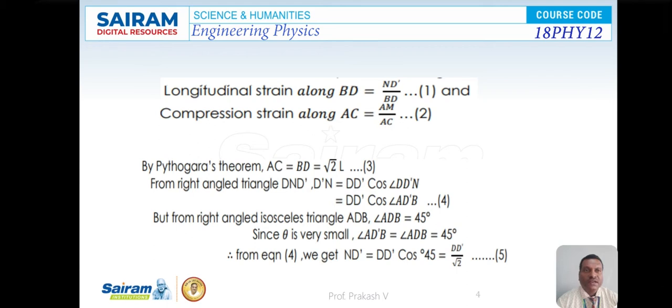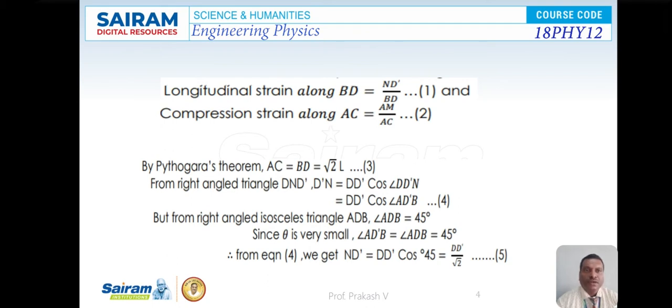From right angled triangle DD dash N, we can write D dash N is equal to DD dash cos of angle D dash DN, that is equal to DD dash cos angle AD dash B. That is considered as equation number 4.